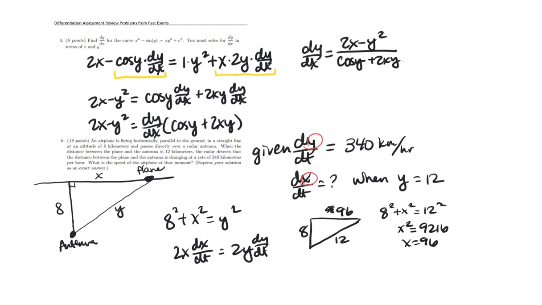So I can plug that in here. So when y is 12, I know, 96, that seems too big. Oh, I didn't subtract, sorry. So it should be 12 squared, sheesh, hang on, let me back up. 12 squared minus 8 squared.